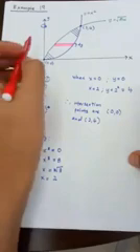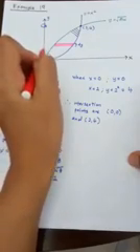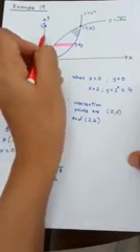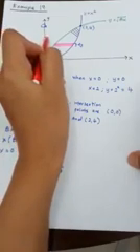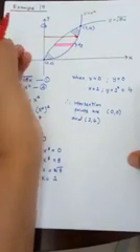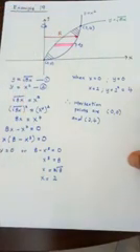So our outer radius is from here. This one will be my outer radius r.